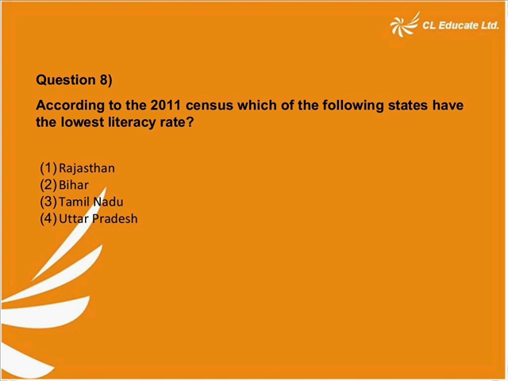The correct answer here is Bihar. Bihar has increased by more than 16% in this census. But still it's the poorest in case of literacy. It has the lowest literacy rate.